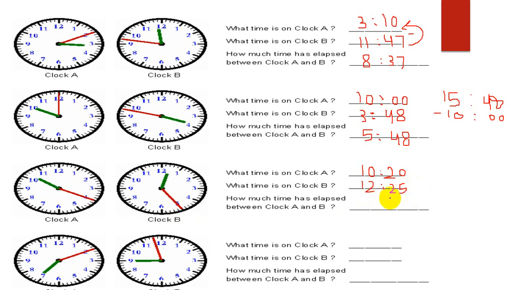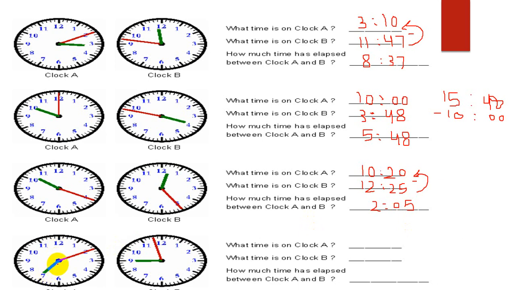Subtract 12:25 minus 10:20, end clock B minus clock A. 25 minus 20, yes, it's 5. And 12 minus 10 is 2. So the elapsed time is 2 hours and 5 minutes.